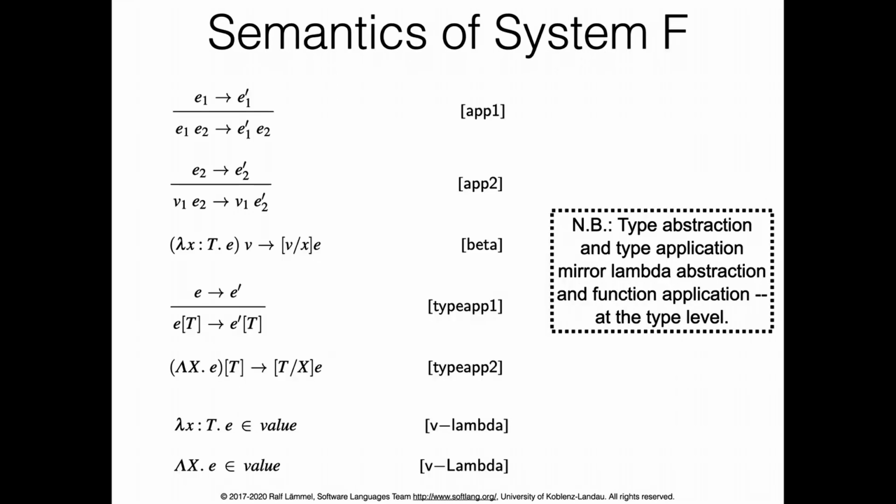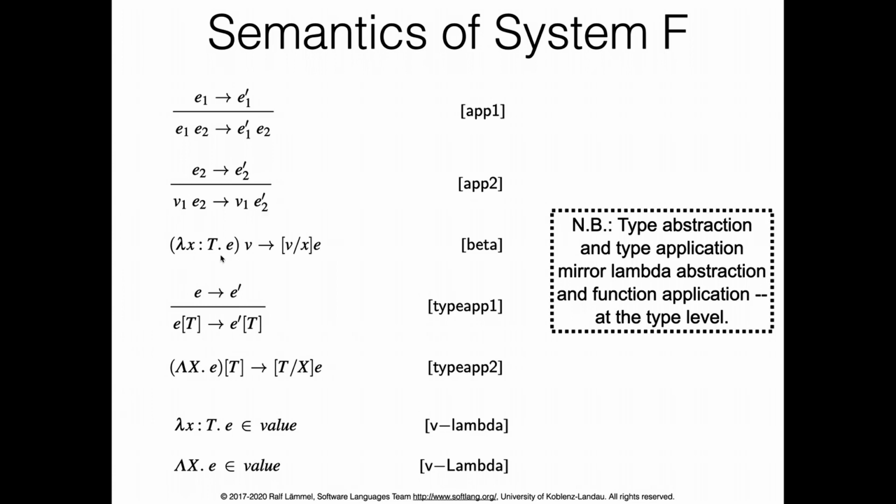So now here are the straightforward rules for the reduction semantics of System F. There's a lot of similarity with the basic lambda calculus. So here we just simplify the function position of a function application. Once the function position is a value, for example, typically a lambda abstraction, then we go and simplify the argument position of the function application.